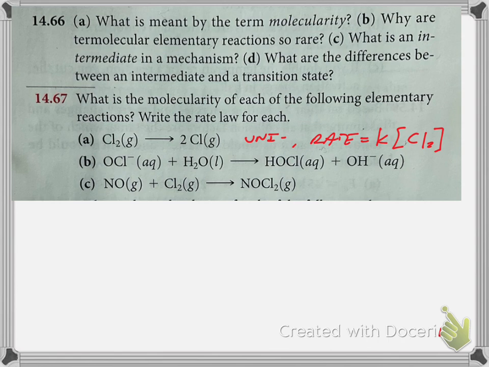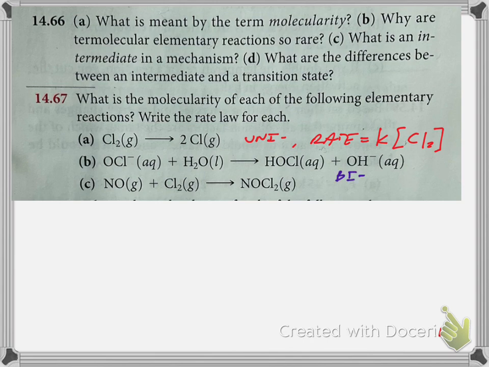Now this next one's a little tricky, right? What's the molecularity? It's bimolecular, two things colliding, but when I go to write the rate law, there's a little bit of a pitfall you've got to avoid. Remember, I've been screaming at you all year to write your states of matter in your balanced chemical equations, and this is why.